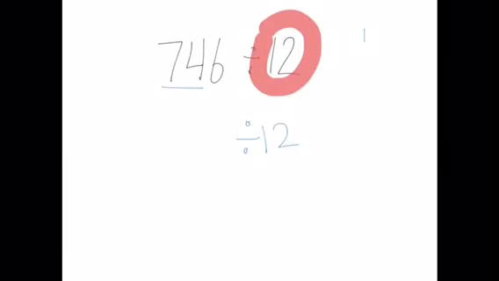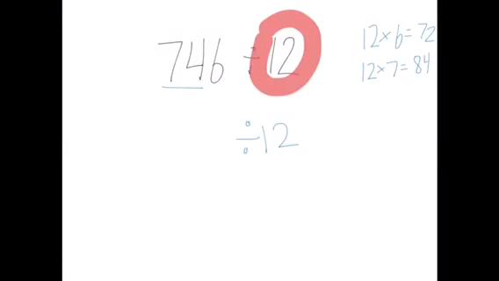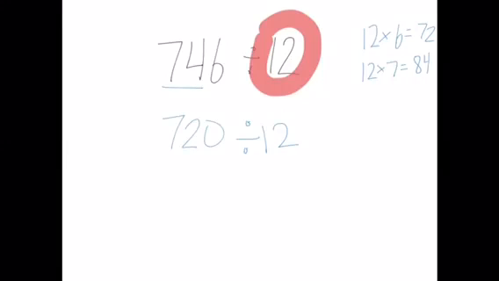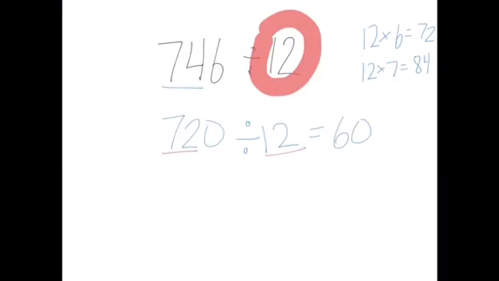I know that 12 times 6 is 72. 12 times 7 is 84. 72 is really close, so I'm going to change 746 to 720, pinpointing that 72 divided by 12. And my estimate answer is going to be 60.